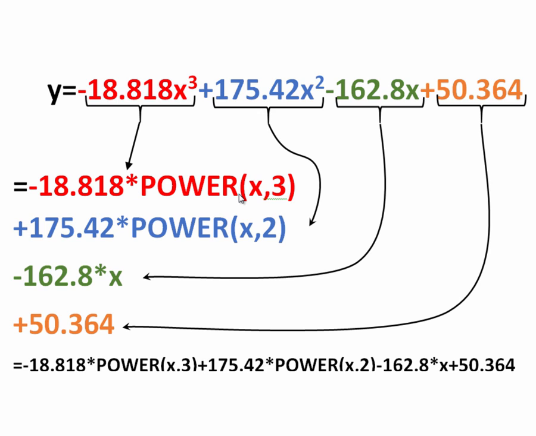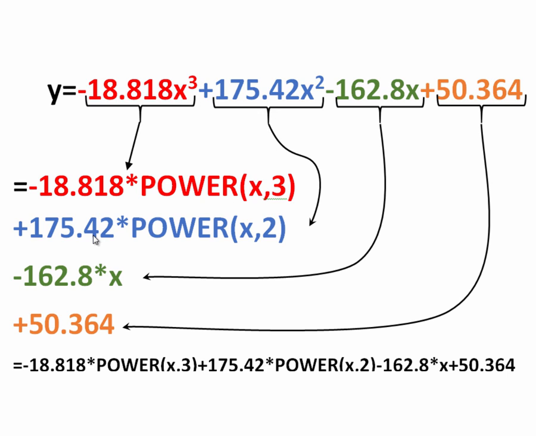The way for Excel to calculate this is using the integrated function POWER(x,3), which for the computer means that this value, whatever x is, will be cubed. And when you type it in Excel, instead of x, you'll need to type in the cell where the time slot will be contained, where the point that you want to calculate is going to be.